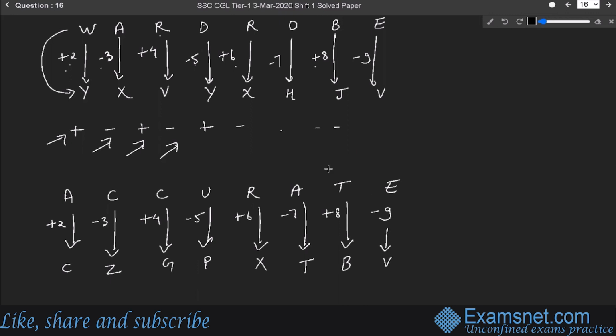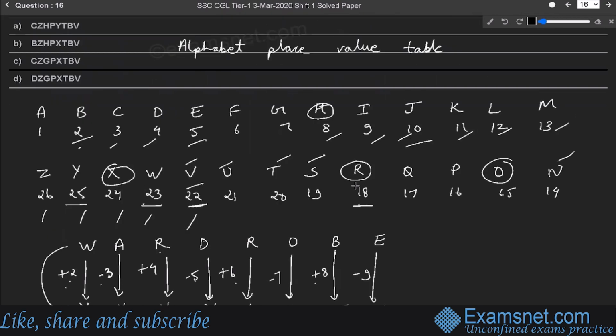We can also check it. First one was A plus 2. A is present here, A plus 2 will be C. Second one was C minus 3. C is present here, and -3 means we have to go in the opposite direction. So 1, 2, and 3. So it is Z. Then C plus 4. C is present here again, and plus 4 means 1, 2, 3, 4.